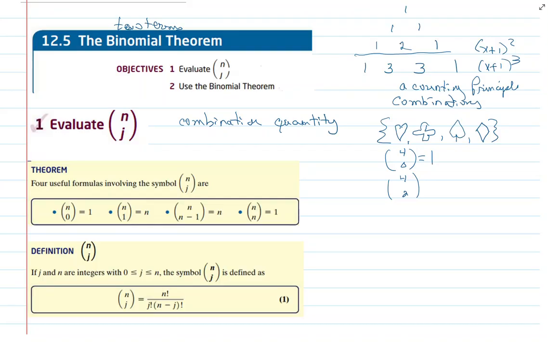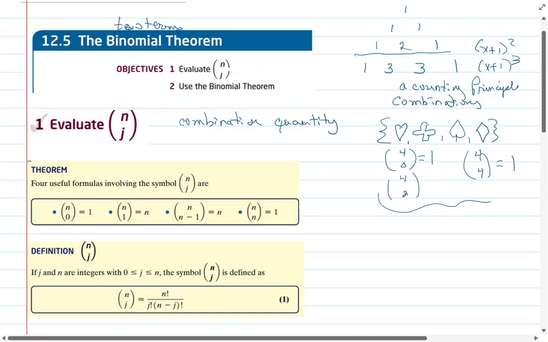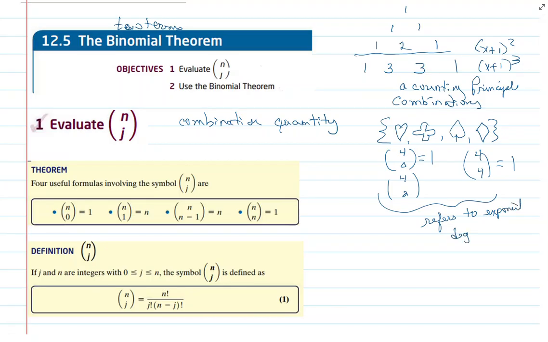And we could do this all the way. And then when I get to the end, which was 4 choose 4, I'd only get 1 again. If I have 1, I'd have the 4. Okay, here we go. Does everybody understand? So we're talking a finite set here, and this part here refers to the exponent degree of the binomial.